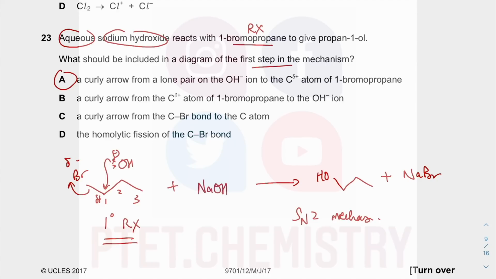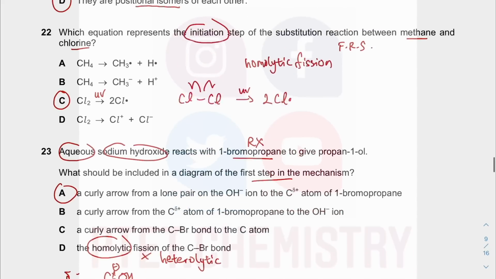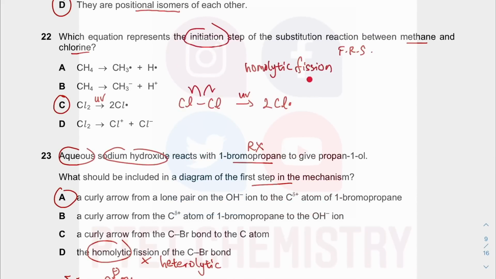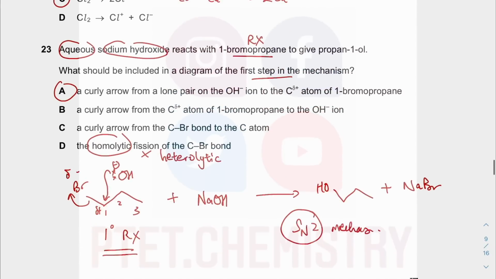And because this is an SN2 mechanism, it doesn't go via homolytic, it is actually heterolytic fission. I just mentioned earlier, right? This is the definition you've got to know. If you don't know this definition, how do you expect you'll be able to do this question when they ask you something on homolytic and you can't differentiate it from heterolytic fission?